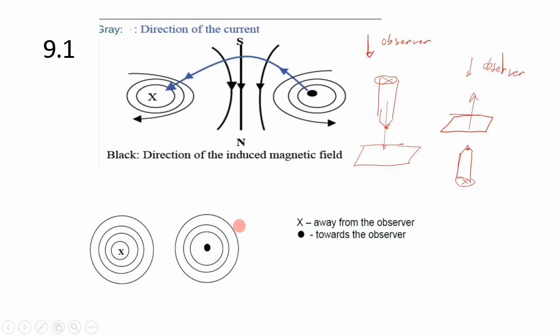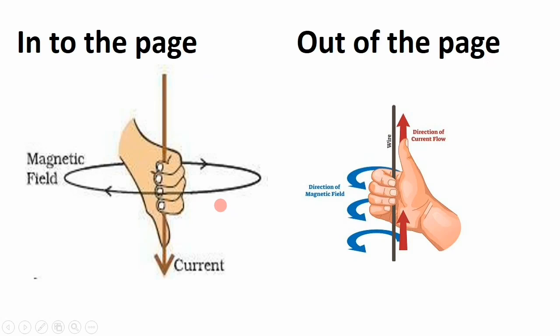So now what we want to get here is the direction of the magnetic field. For that, we're going to use the right hand rule, and this is what we're going to do now. For the right hand rule, when the current is going into the page, so when here we have this X, this is what we'll observe.